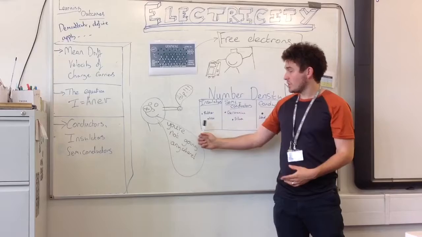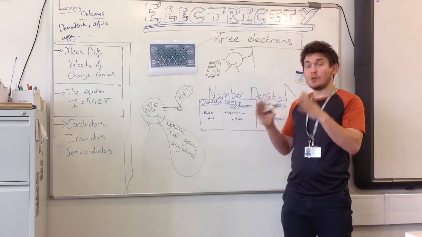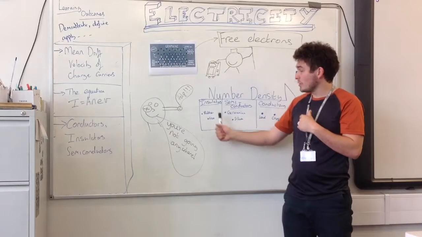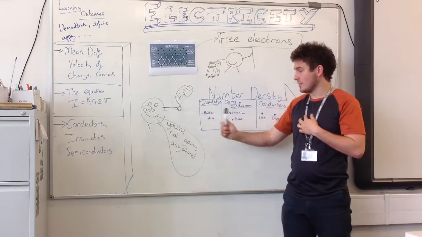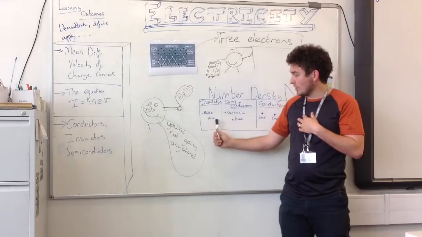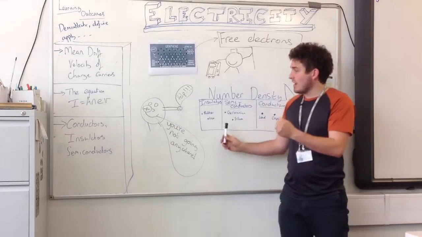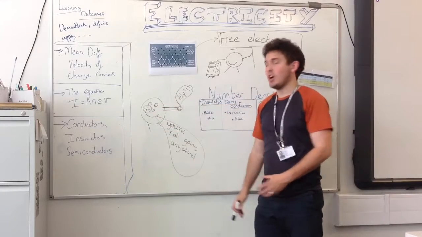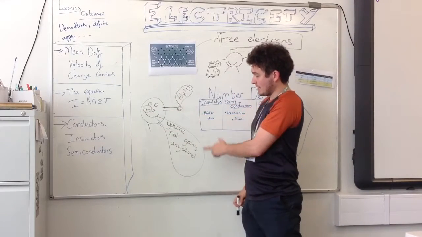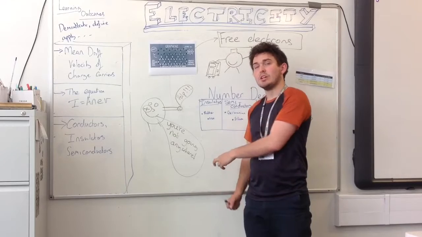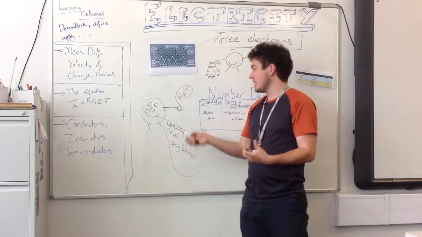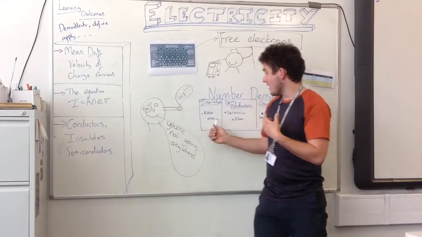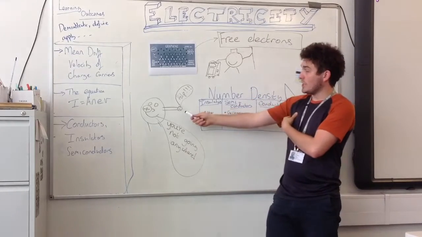So, right at the bottom, with the lowest number of free electrons per unit volume, we have our insulators. That is things like rubber and wax. These things have a very interesting structure in which their large ions are holding onto their electrons incredibly tightly. They aren't going to let go of them anytime soon. So we have to try very, very hard to get the electrons to move and to get a current to flow, which is why they have a very low number of free electrons.